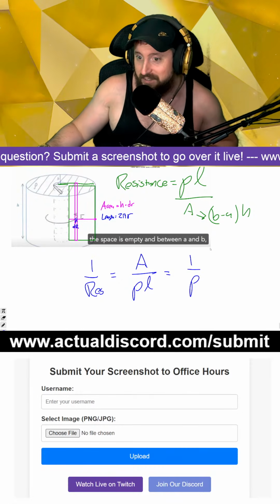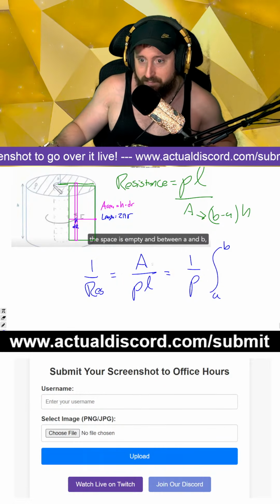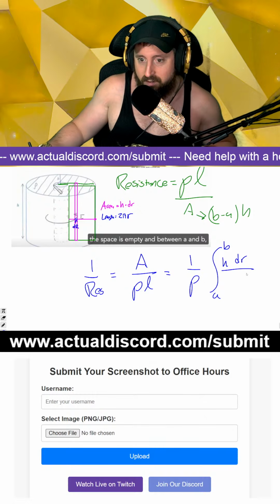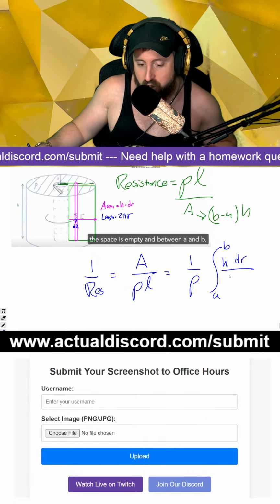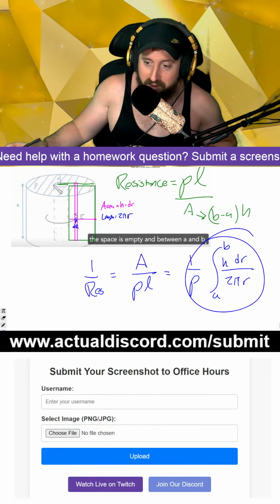All right, then this is the integral from A to B, and the area is gonna be the height times dr. And then the length at which it travels is 2 pi r. Now this is great, this is ln.